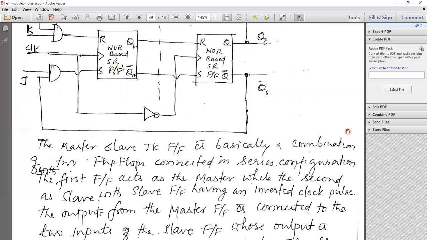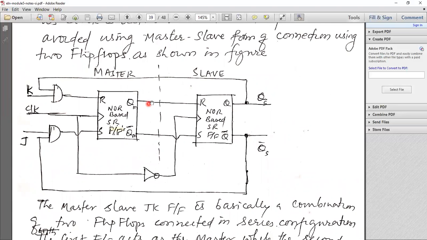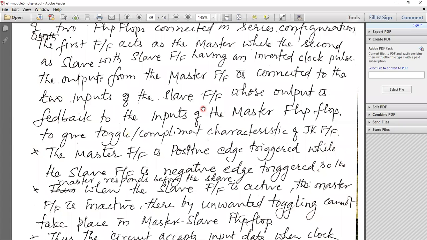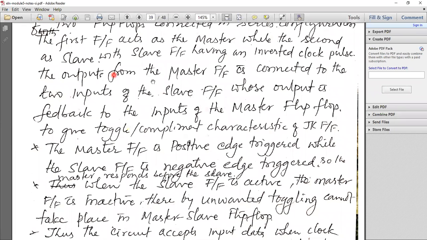Here you can see the output of the master is connected to the inputs of the slave, whose output is fed to the input of the master.